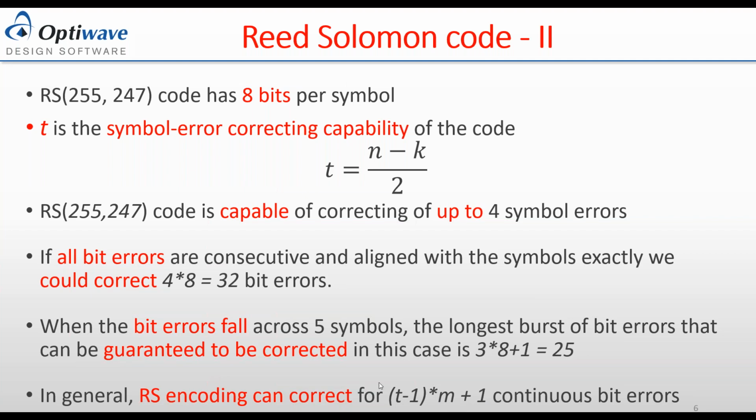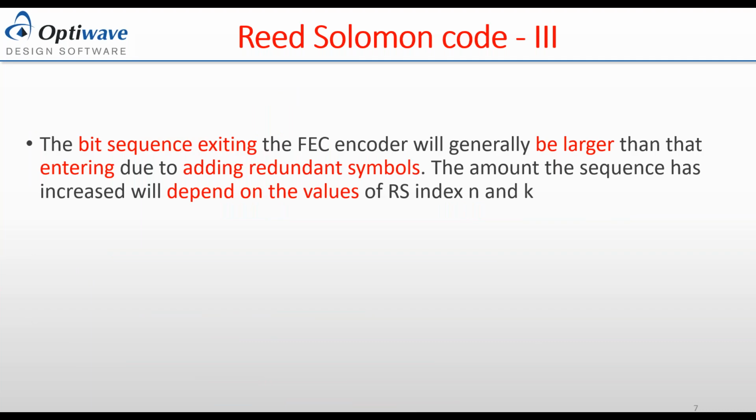So for example, in our case here, we have 8 divided by 2, which is 4. 4 minus 1 is 3. 3 times 8 is 24 plus 1. So this code is capable of correcting a maximum of 25 errors located across five symbols.